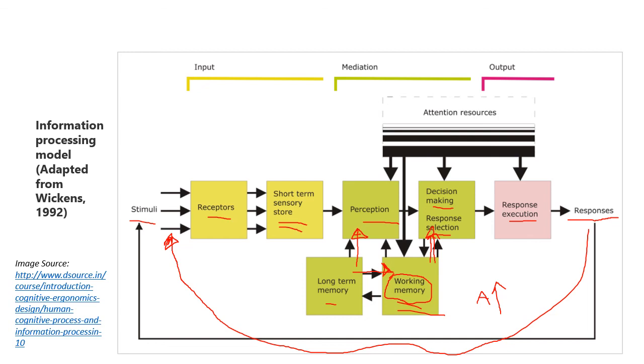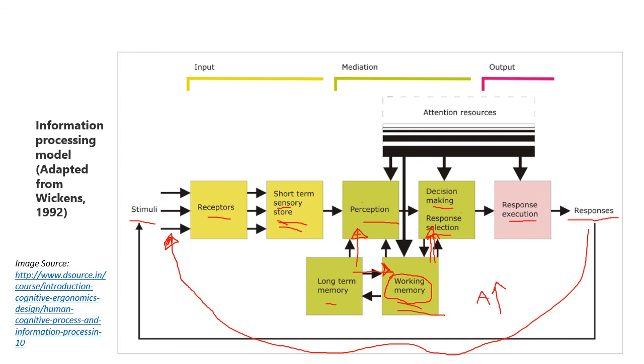Again, we have the stimulus from the environment, receptors through our sense organs, and the short-term sensory store. This is the sensory memory, and it is different from the short-term memory (STM). From the sensory store it goes to perception, then decision making, response selection, response execution and responses.